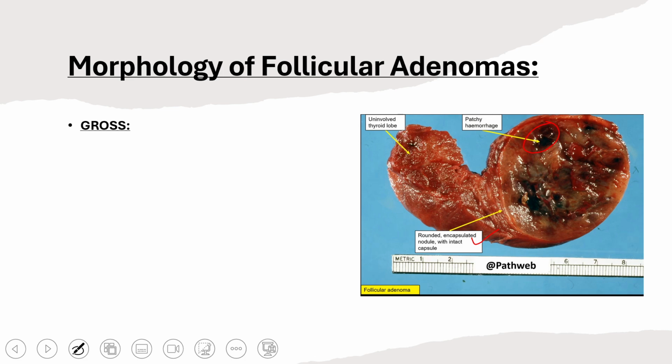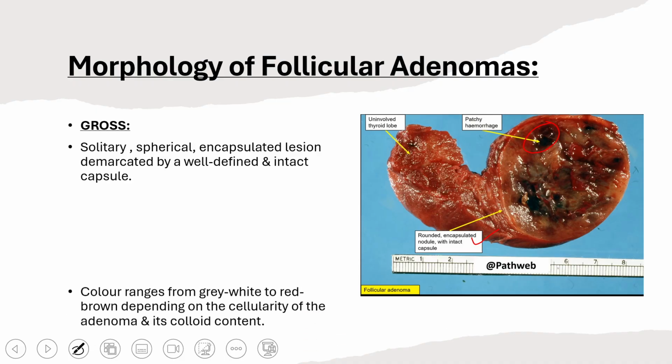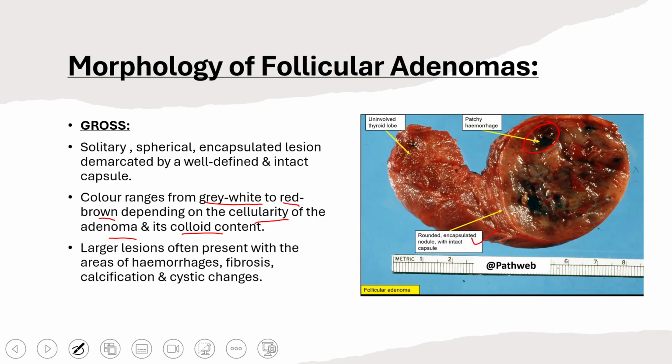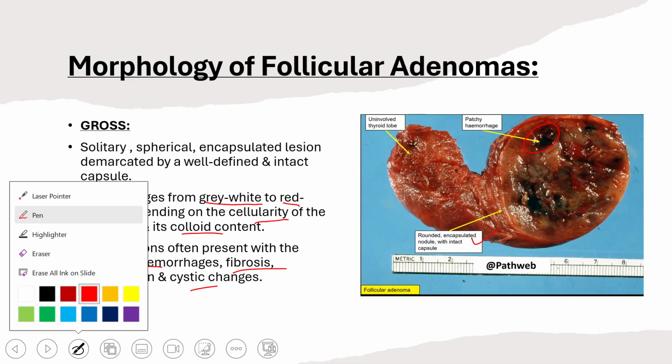It is a solitary spherical encapsulated lesion demarcated by a well-defined and intact capsule, and the color ranges from gray white to red brown depending on the cellularity of the adenoma and its colloid content. If the lesions are larger, areas of hemorrhage, fibrosis, calcification, and cystic changes can be seen.